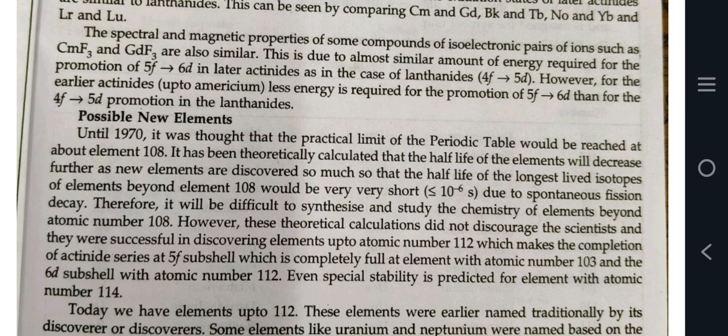Due to spontaneous fission decay, therefore, it will be more difficult to synthesize and study the chemistry of elements beyond atomic number 108.